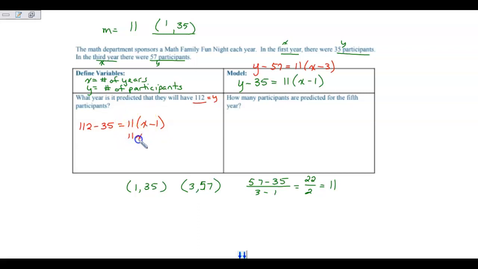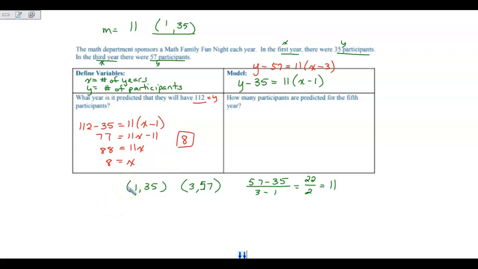That's 11x minus 11. And 112 minus 35 is 77. Now I'm going to simplify for x. So I'm going to add 11 to both sides. This becomes 88. Divide both sides by 11, and x equals 8. So what year will they have 112 participants? In year 8.